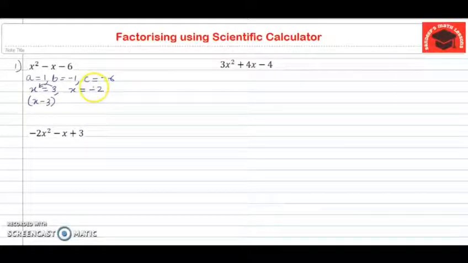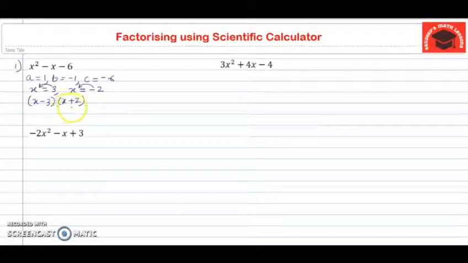And we take this -2 to the other side and make it x plus 2, and our factorization becomes complete, isn't it? So x minus 3 times x plus 2 becomes the factorized form of x squared minus x minus 6. That was quite simple. Now let us try the second one.